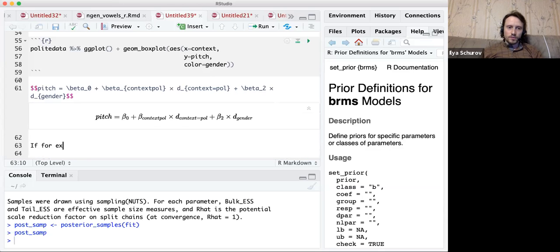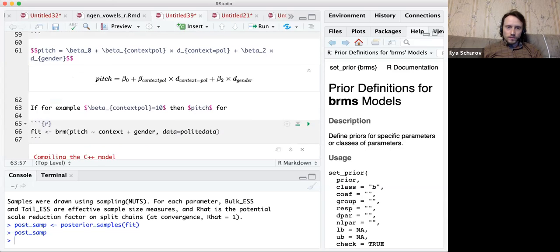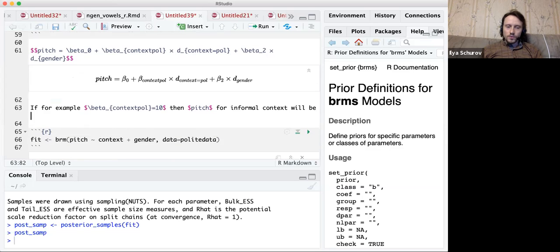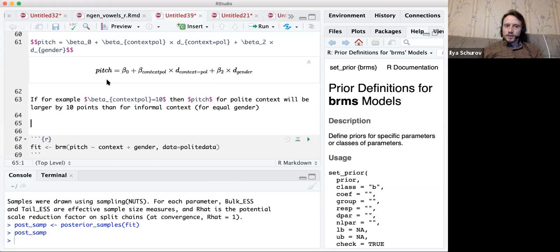If, for example, it is equal to 0, then pitch for polite context will be larger by 10 points than for informal context. For equal gender.